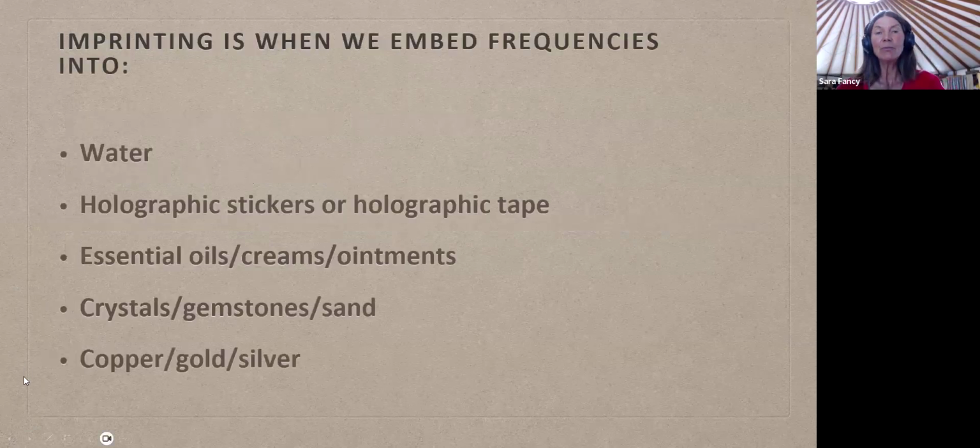Imprinting is when we embed frequencies into water, holographic stickers or holographic tape, essential oils, creams, ointments, crystals, gemstones, sand, copper, gold, silver. So those are just some of the things that you can imprint.